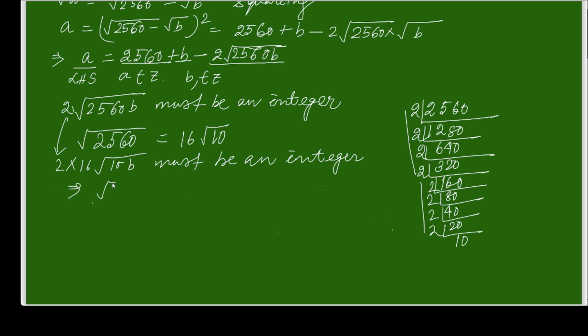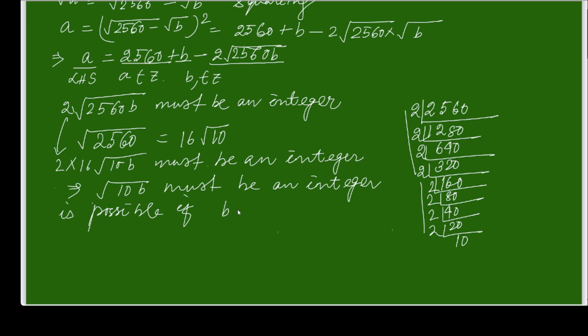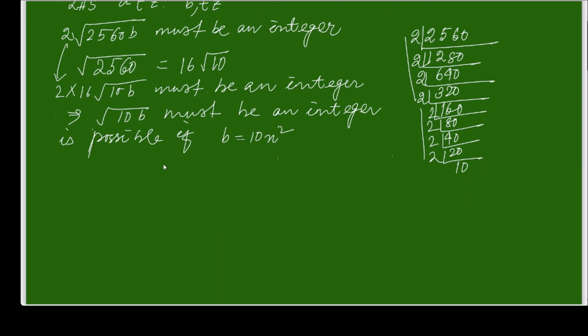This implies that 10 times b must be a perfect square. When is it possible? If b is equal to 10 times some square. So let it be n square. So b is equal to 10 times n square.